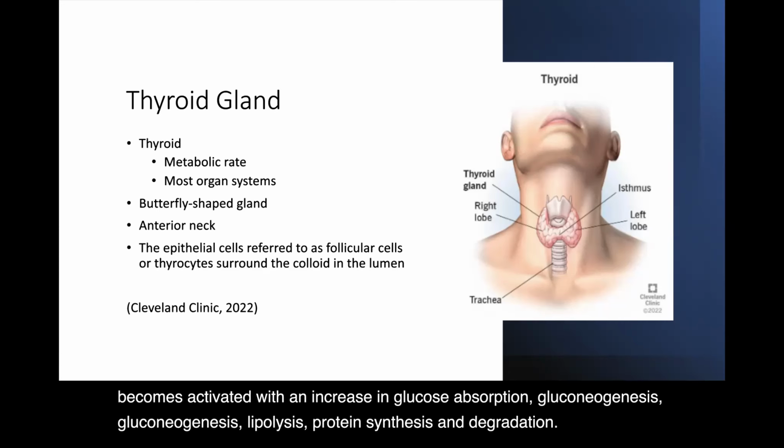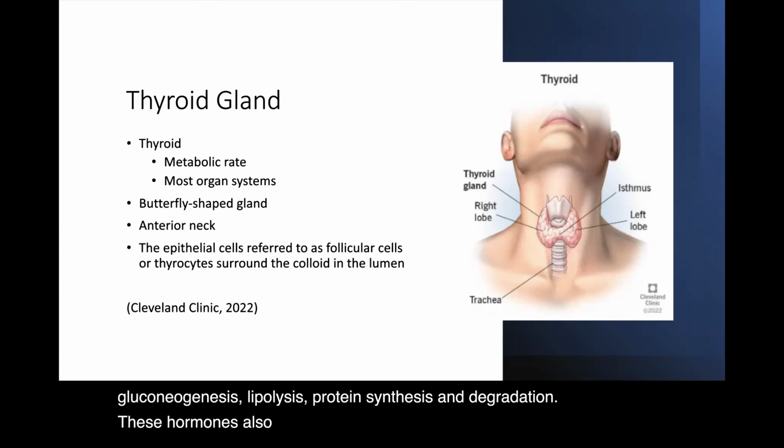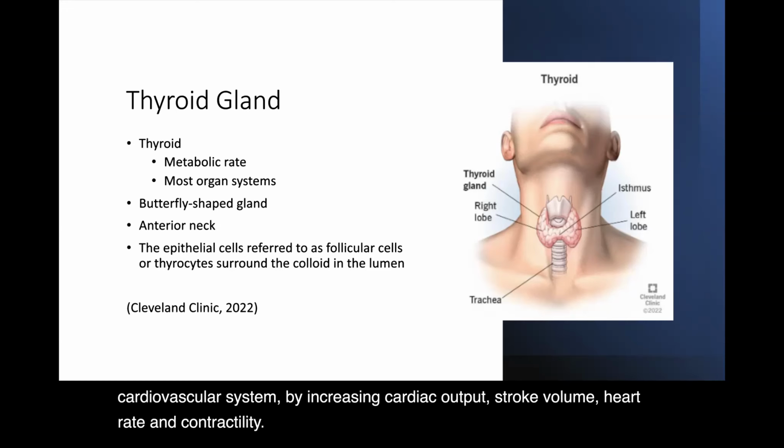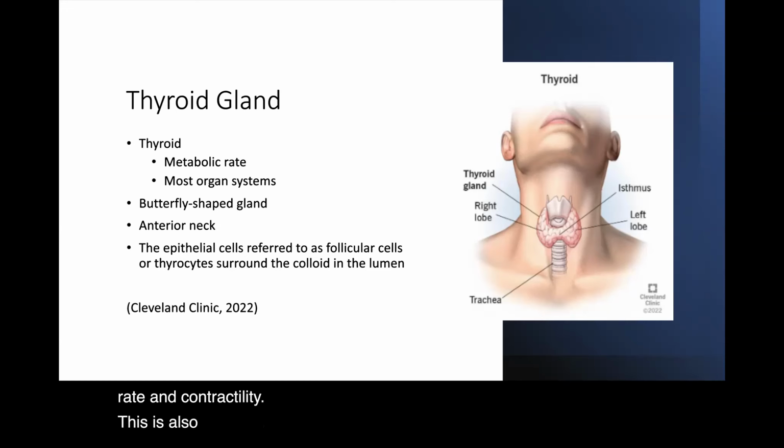These hormones also influence most other organ systems, including the cardiovascular system, by increasing cardiac output, stroke volume, heart rate, and contractility. This is also seen in the gastrointestinal tract.